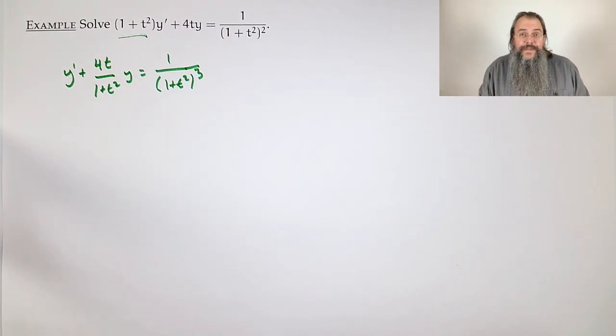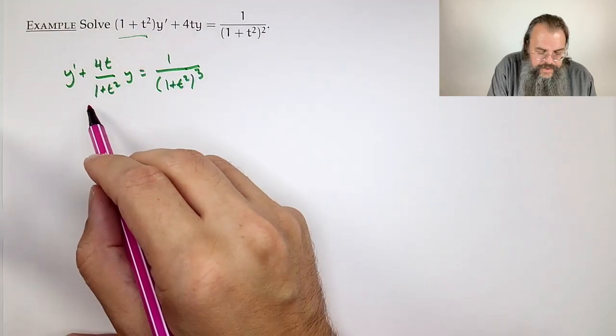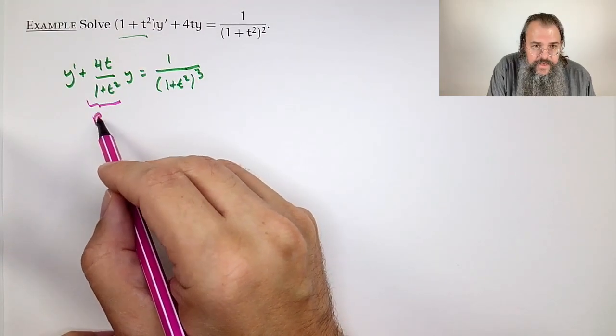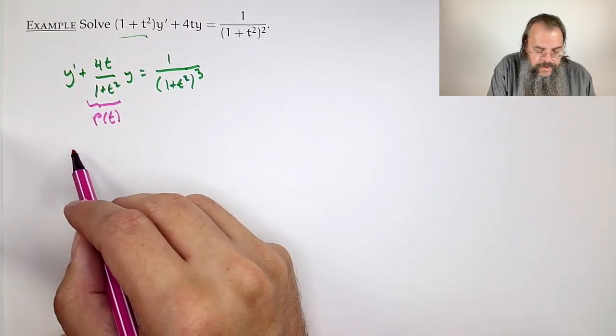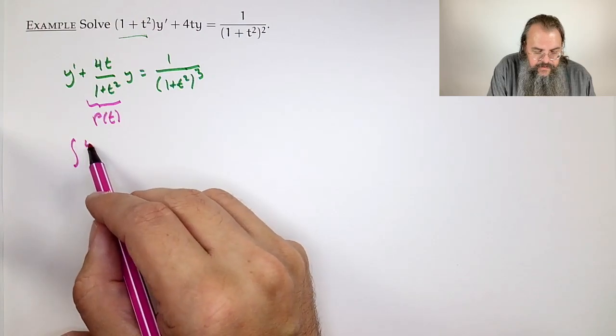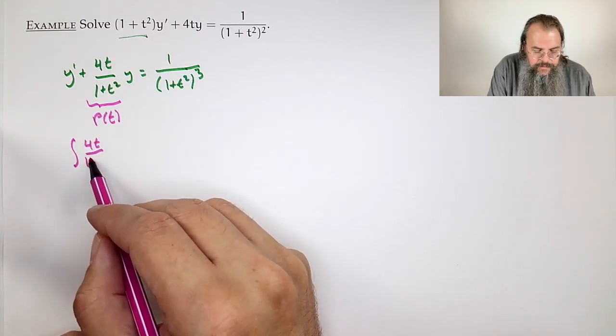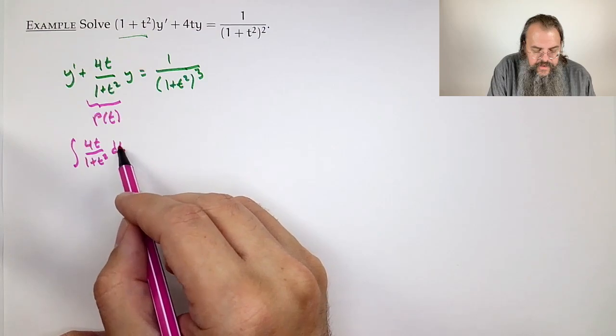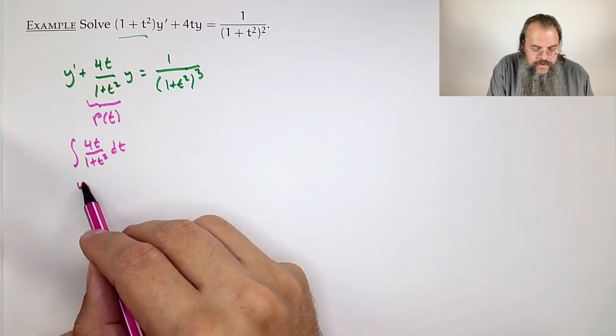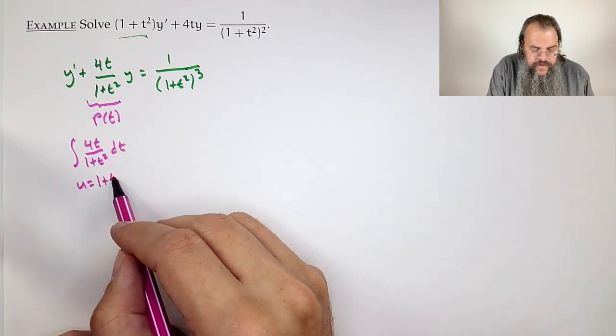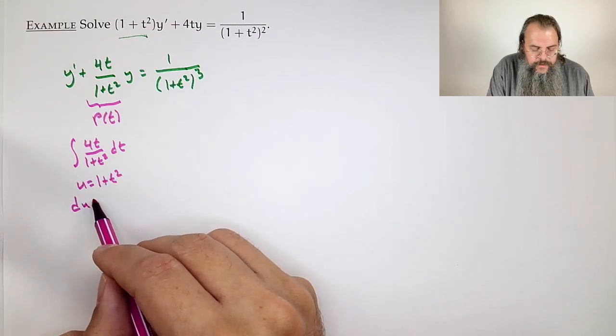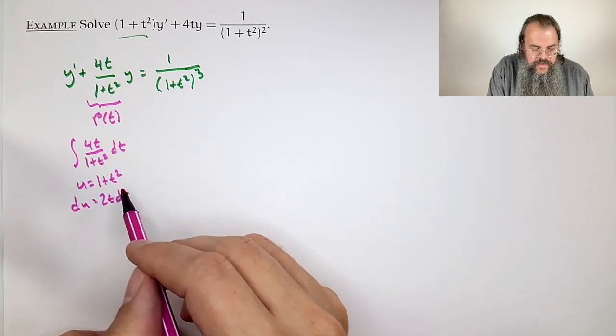First off, we have to do our integrating factor. So we say, okay, that piece here, this is our p of t. So we're going to integrate 4t over 1 plus t squared dt. All right, well, let's see. u equals 1 plus t squared. du would be 2t dt.